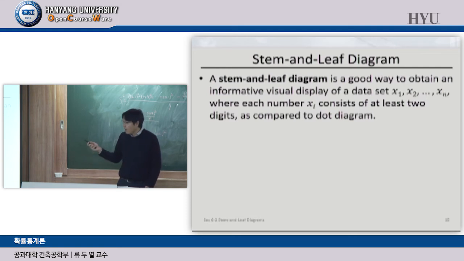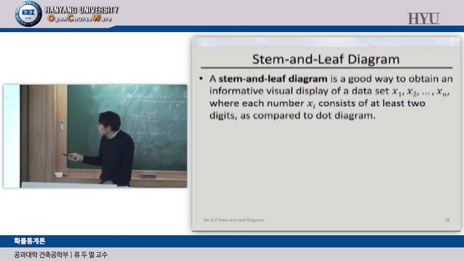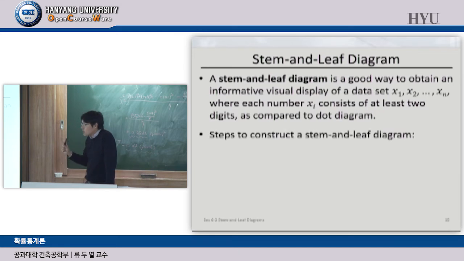We have already discussed the dot diagram, but the stem and leaf diagram is a better way to display the information of the data set when the data have at least 2 digits. The steps to construct the stem and leaf diagram are expressed in this slide.